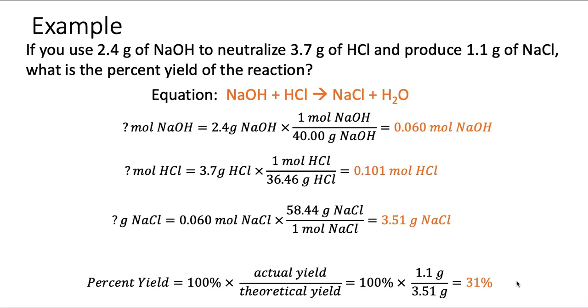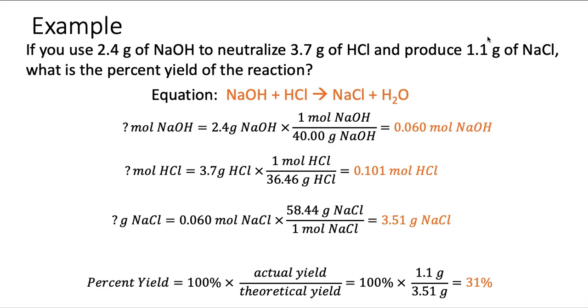I will be showing you some other problems where you might have a percent given. So I could also say if you use 2.4 grams of NaOH to neutralize 3.7 grams of HCl, and you have a 31% yield, what is the actual yield of this reaction?